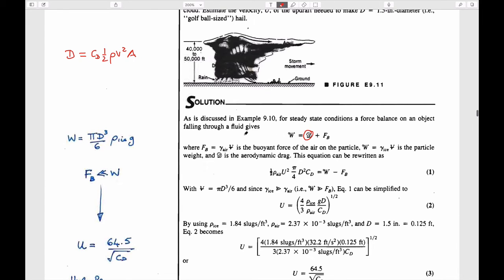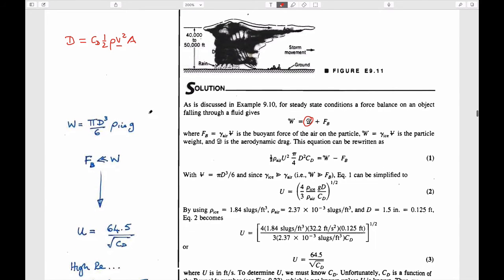So if you substitute for this, you have a term that includes v squared, and rather than now substituting for a coefficient of drag which is a function of Reynolds number, now coefficient of drag is constant. It's not equal to a constant divided by a Reynolds number.